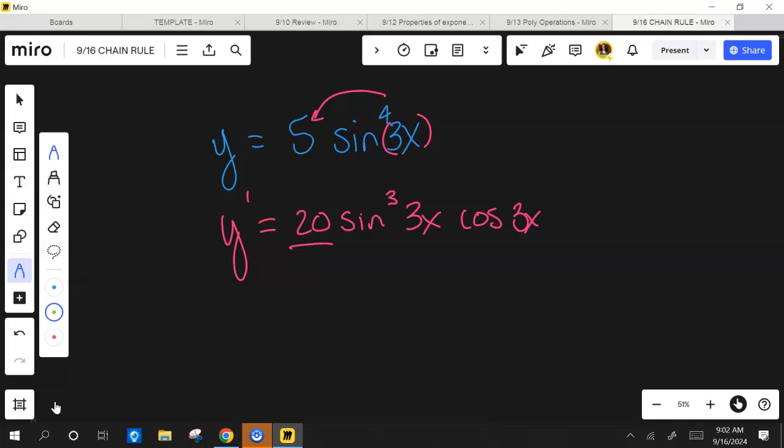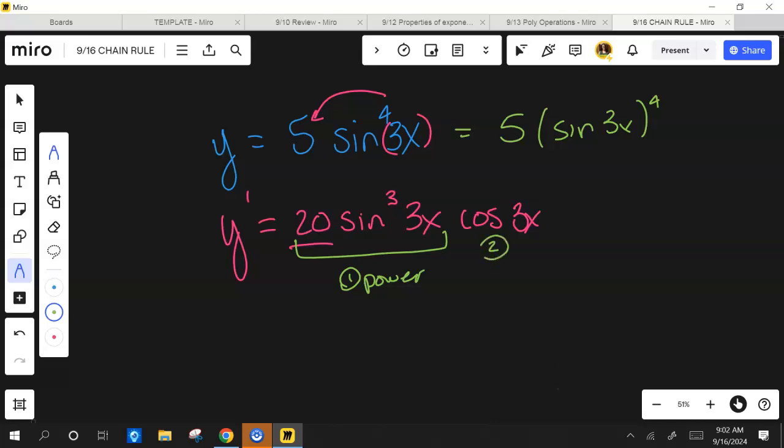All right, so this is my step 1. That's my power. My outermost, because remember, this could really be written this way, and it might help you see it this way. So there's my power.